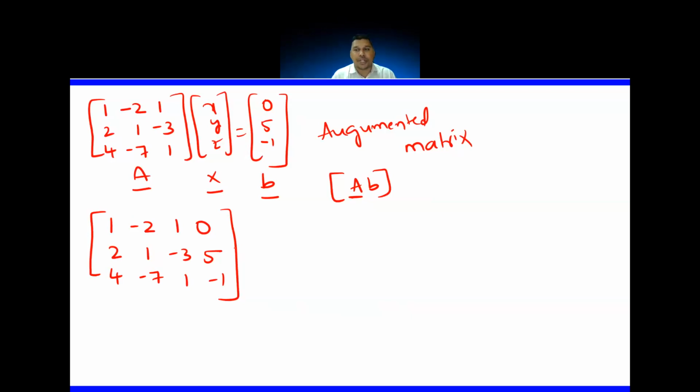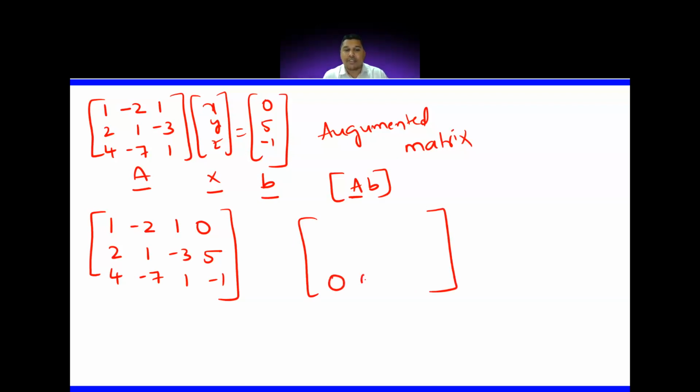Now you apply row operations on that. Can you reduce this matrix? Do row transformations. The ultimate target, we forgot one point, is to convert this augmented matrix into an upper triangular matrix.